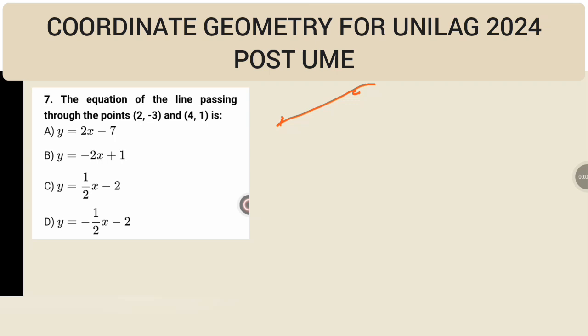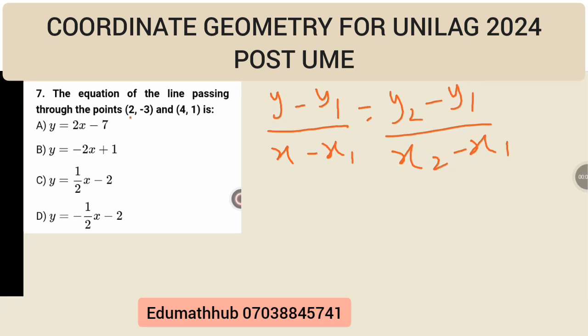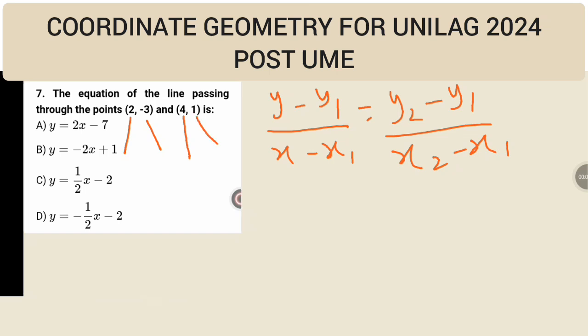So since you have 2 points, you're going to use the 2-point form of the equation of a straight line, which is y minus y1 over x minus x1 is equals to y2 minus y1 over x2 minus x1. So you just need to pick out the values here. So this is x1, this is y1, this is x2, this is y2. So you can easily pick out these values from here.